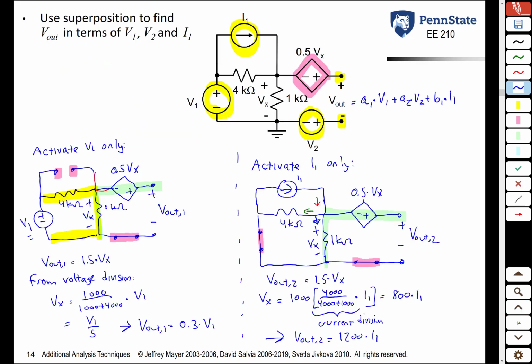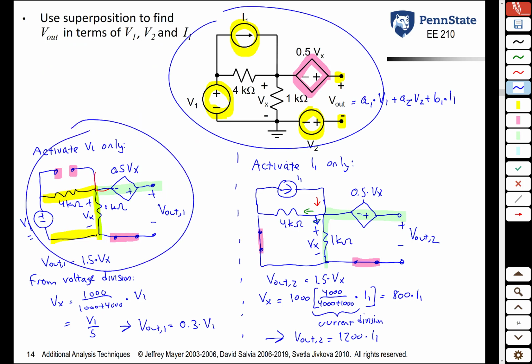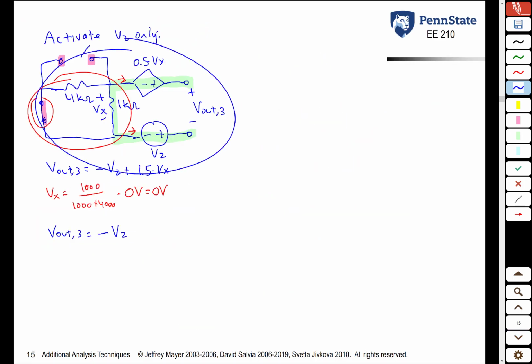So what we've done here is we've taken this one more complicated circuit and broken it down into three simpler circuits, 1, 2, and 3. We can then add up those voltages for each of the circuits to get the total voltage V out.